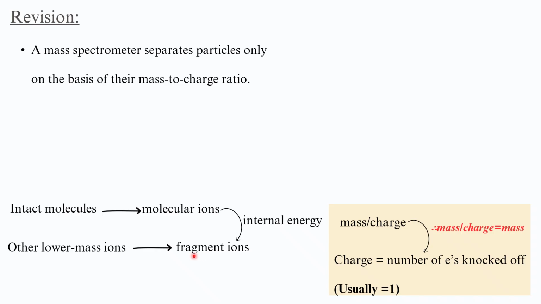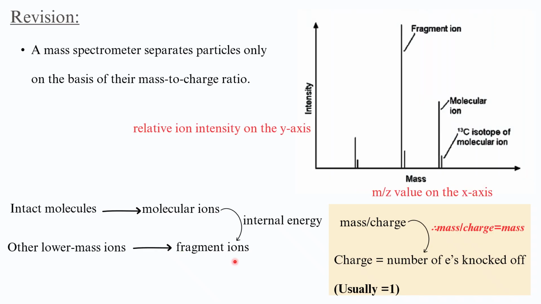Now once we have got all the fragments, the mass spectrometer gives us this mass spectrum. Okay, where on the y-axis we have relative intensity and on the x-axis we have the m by z value. Since this m by z value is equivalent to the mass, we sometimes write it as the mass of that particular compound. And here we get these peaks. These peaks represent the molecular ions along with the further fragments which are formed in the mass spectrometer.